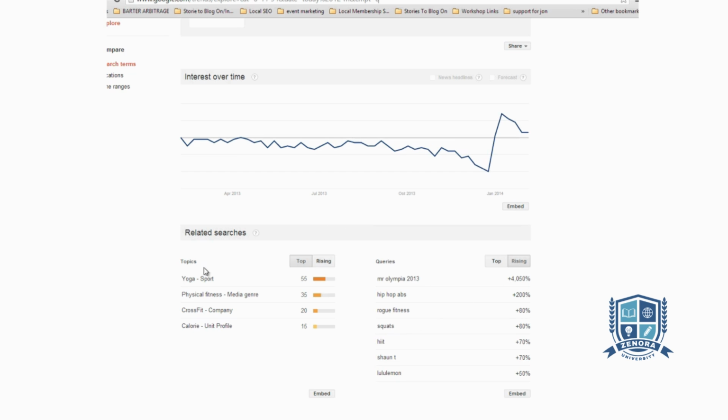You can look at related searches in the same way to look at rising searches. Now, there are no rising searches there. So in this particular case, you'll see here, CrossFit is something that people are really starting to get concerned about, or that they are looking for. Media genre, yoga in particular, right? Yoga as a sport.